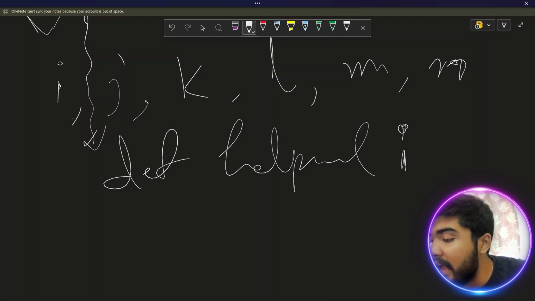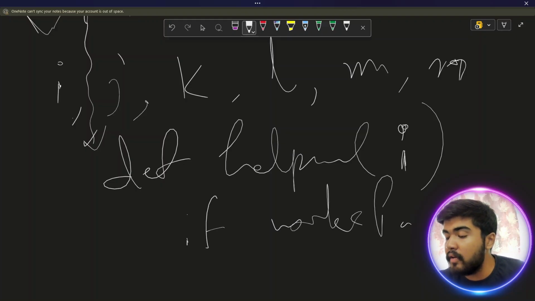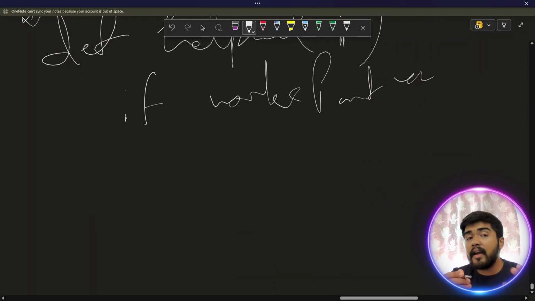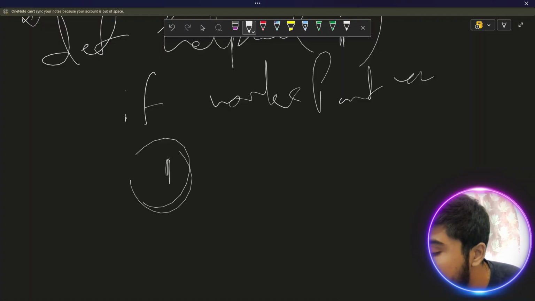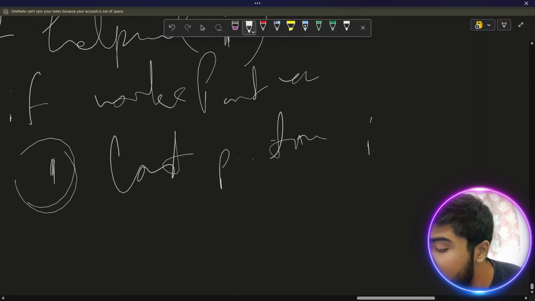So for every index I, you have choices. If you make a partition, then what is the contribution? You should know the last partition index.